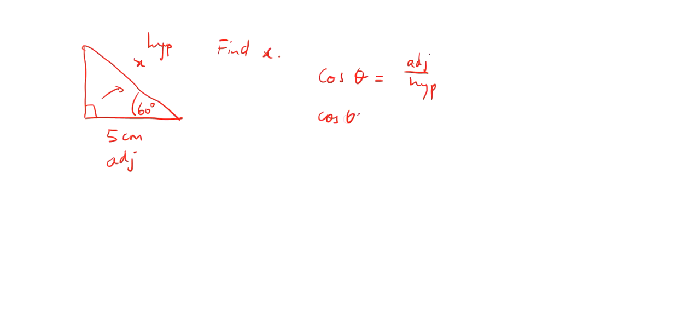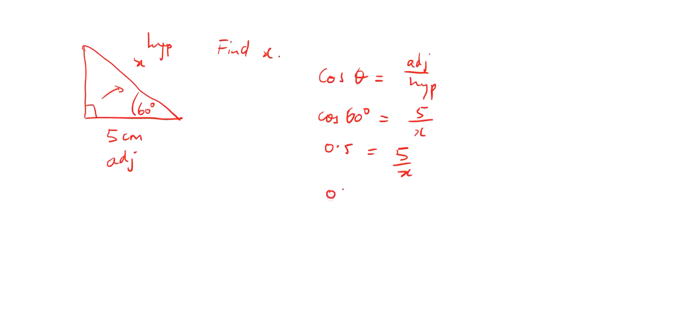So cos 60 degrees is equal to adjacent, which is 5, over the hypotenuse, which is x. So cos 60 is 0.5, right? 0.5 is equal to 5 over x.